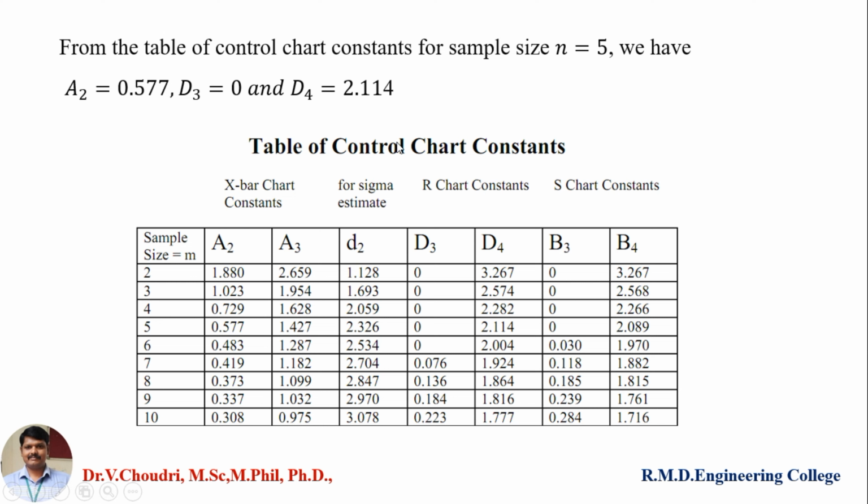For A2, for sample size n equal to 5, it is 0.577. For D3, for sample size n equal to 5, it is 0. And D4 is 2.114 for sample size n equal to 5.